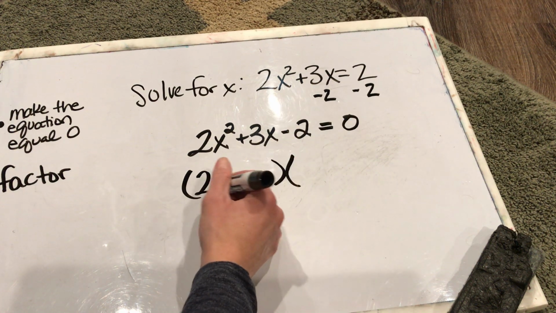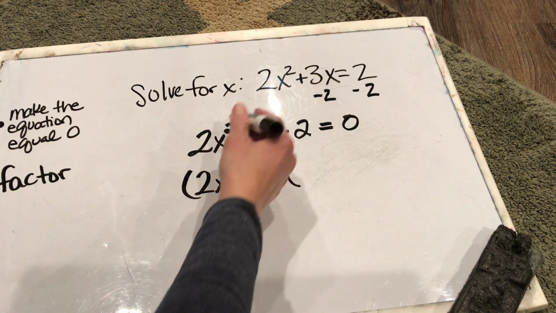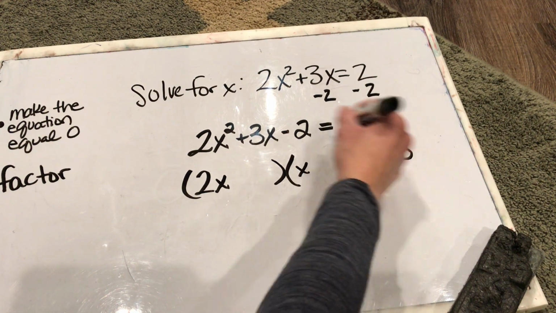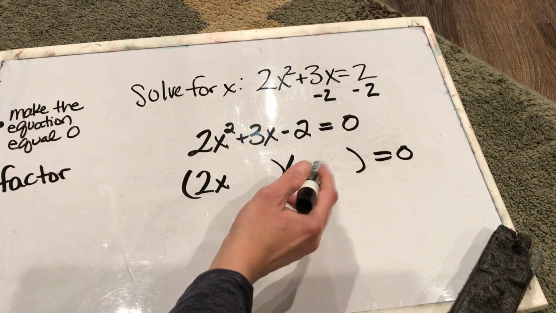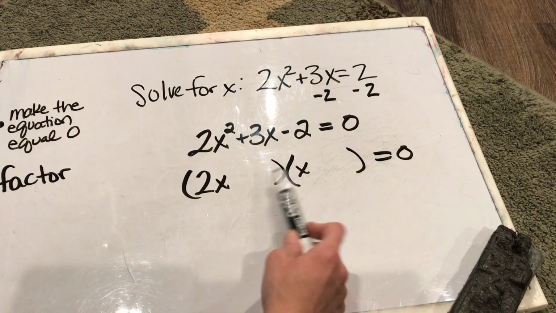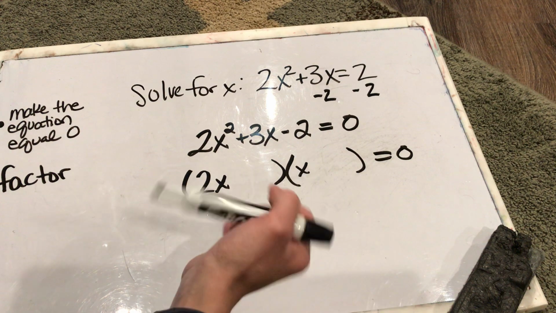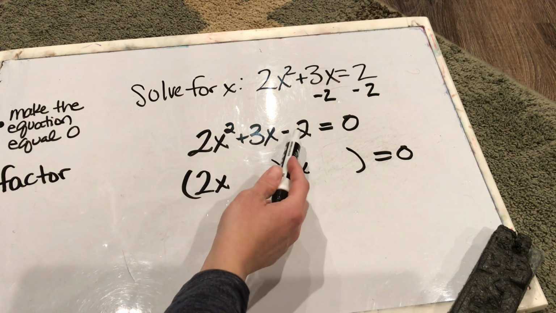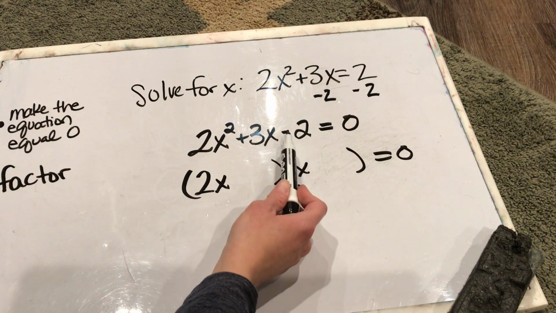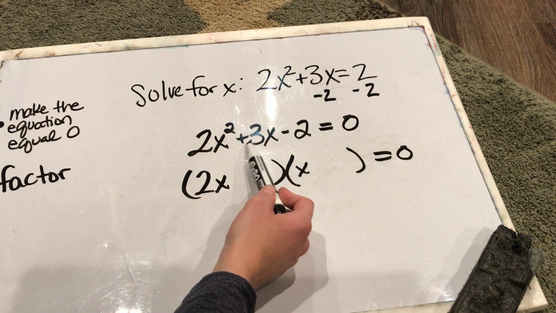And then the only thing to multiply 2x by to get 2x squared would be an x. And the whole thing equals 0. I have to keep my equation, even though I'm factoring this side. Now this 2 is either 2 and 1 or 1 and 2. There's only one set of factors for the 2, and I want the difference to be 3.